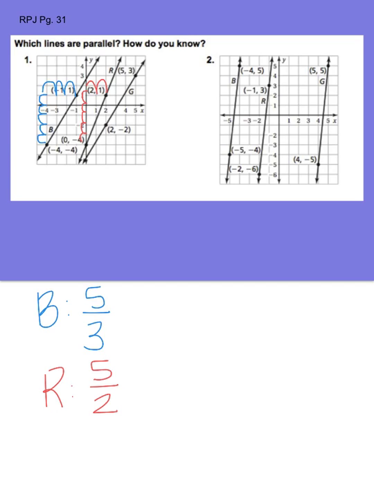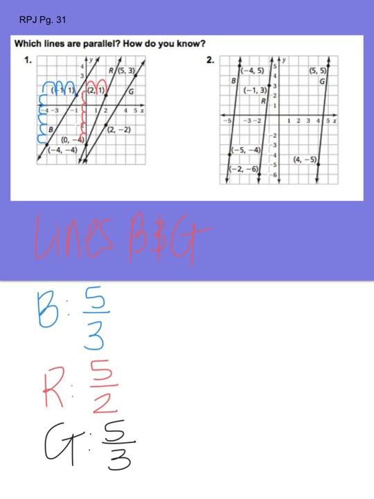The last one I'm going to do is line G. Why don't you go ahead and see if you can figure out the slope of line G. You should have gotten 5 over 3. Looking at these, I'm asking myself which two are parallel. Lines B and G have identical slopes. So the two lines that are parallel are lines B and G.